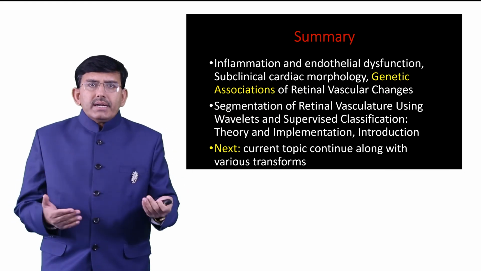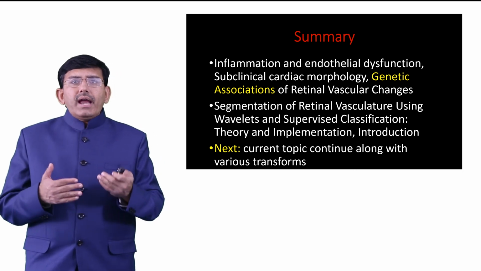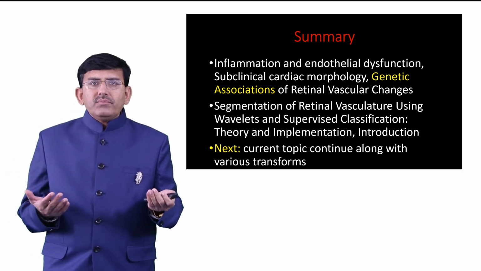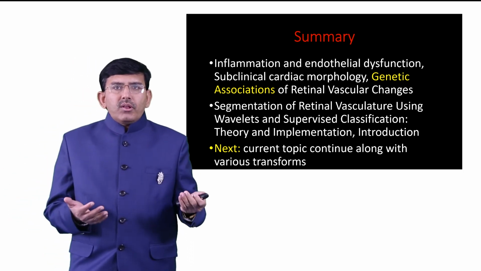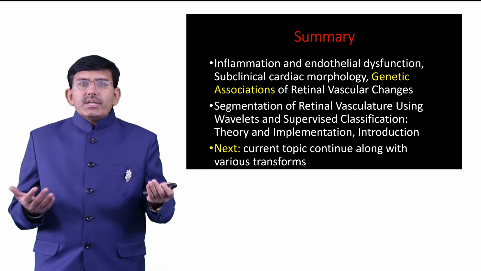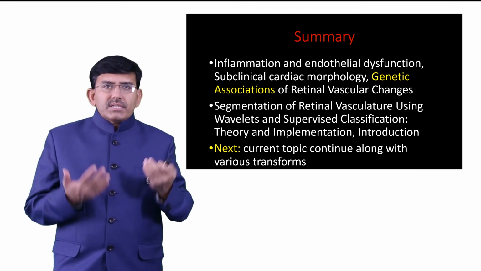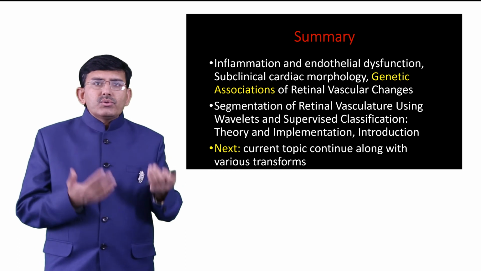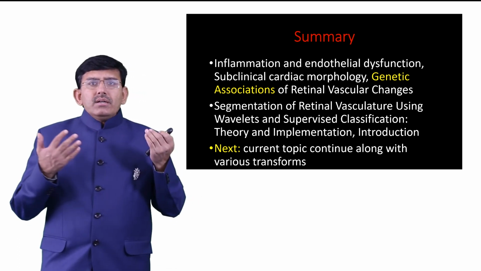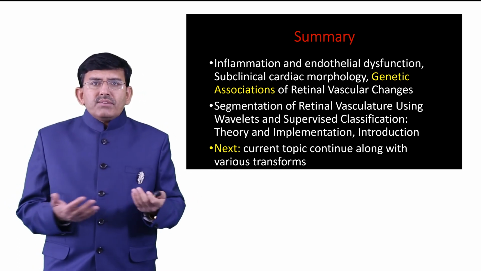Now let us summarize this module. We have started with inflammation and endothelial dysfunction. Then we touched on subclinical cardiac morphology, genetic association of retinal vascular changes, segmentation of retinal vasculature using wavelet, and supervised classification.